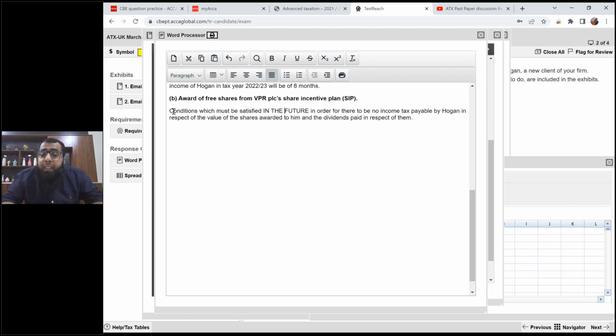Conditions which must be satisfied in the future in order for there to be no income tax payable by Hogan in respect of the value of the shares awarded to him and the dividend paid in respect of them are: number one, Hogan should retain the shares awarded under the SIP plan for at least 5 years from the date of award.